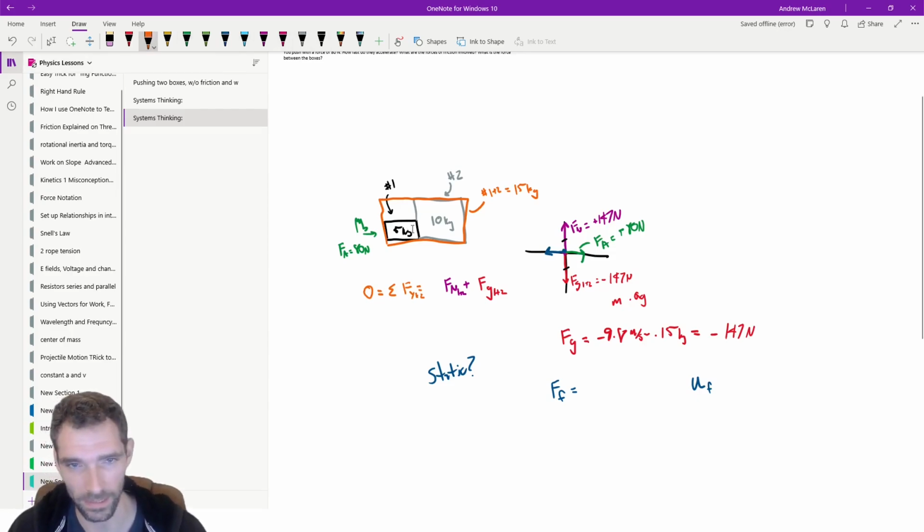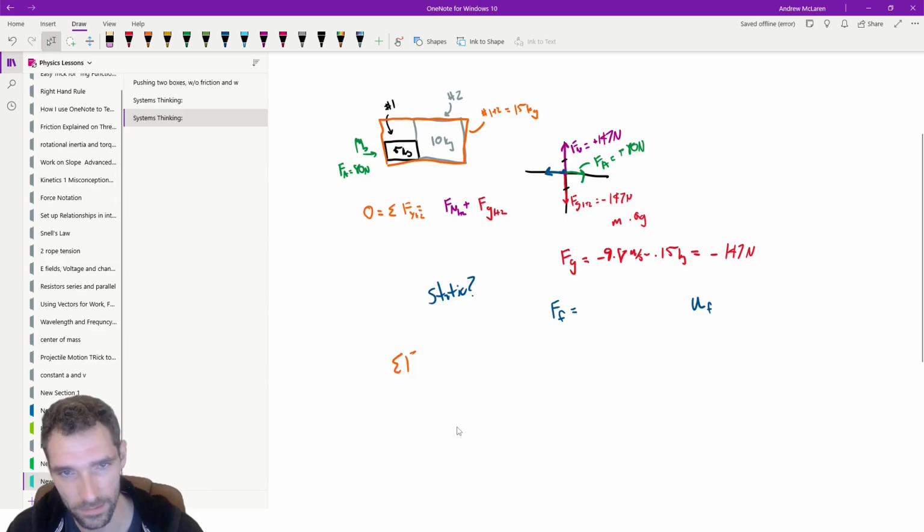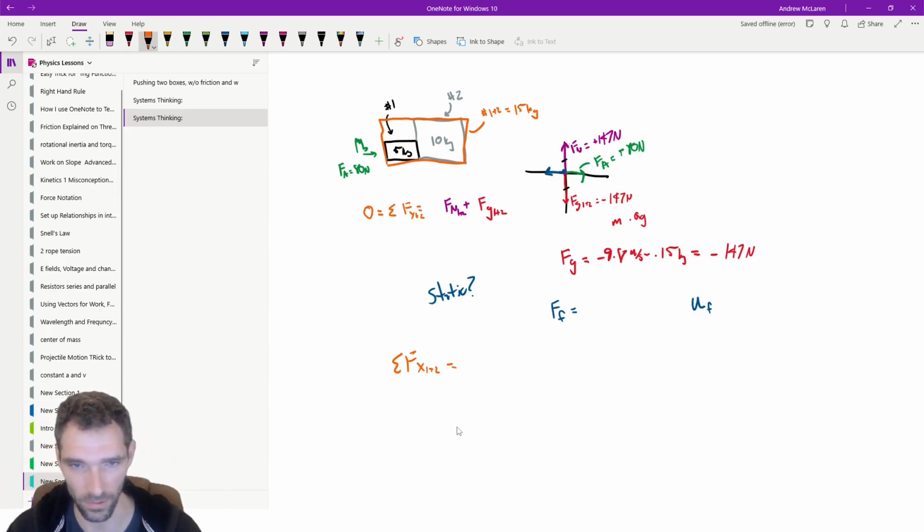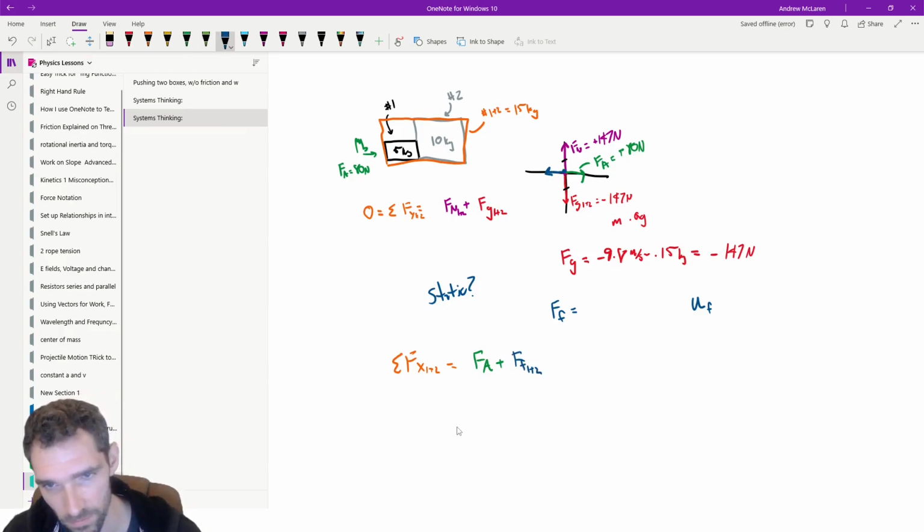Real quick, let's just write out the sum of forces in the x direction, 1 plus 2. So for this larger object, there's a force that's being applied, and there's some friction for this larger thing as well. So there is definitely an F applied plus the force of friction for objects 1 plus 2.